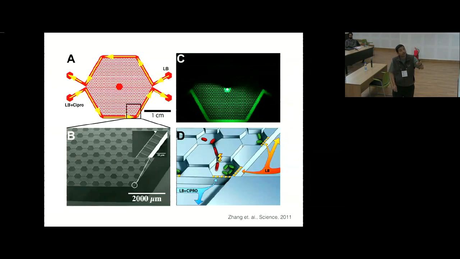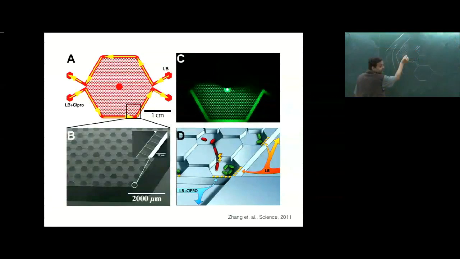And what they then do is, if you have some hexagons at the edges, they create very, very fine channels, which are on the scale of a few hundred nanometers, such that the bacteria can't swim out. But if you flow some food through here, it can diffuse.